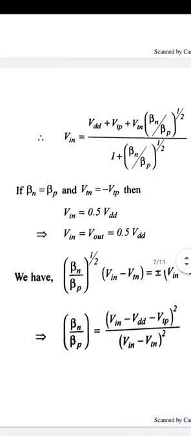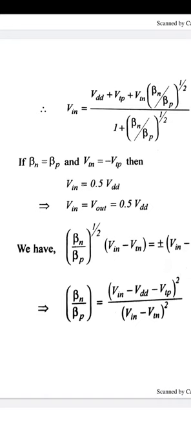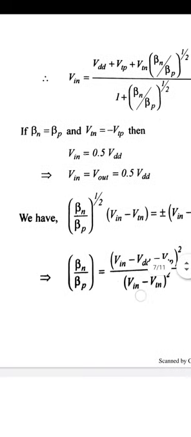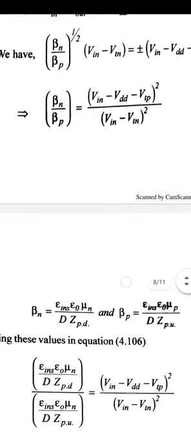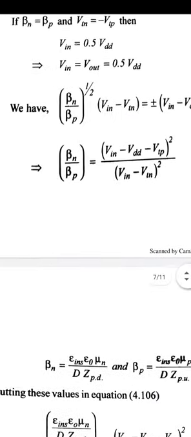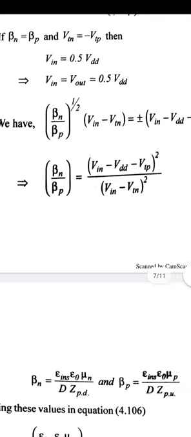We put all the values and equate with respect to V input voltage: beta n is equal to beta p, Vt is equal to minus VTP, V input is 0.5 VDD, V input and V out are equal to 0.5 VDD in a particular critical way, when V input is equal to the threshold voltage of V out, while continuously increasing the input voltage. Solving it, we get the ratio beta n by beta p equal to (V input minus VDD minus V threshold voltage) whole square upon (V input minus V threshold voltage) whole square.